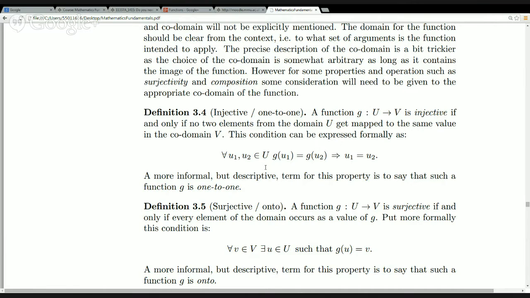For example, you could quickly draw this, which would be an example of a surjective function, where everything in the codomain is the image or the value of some argument x.